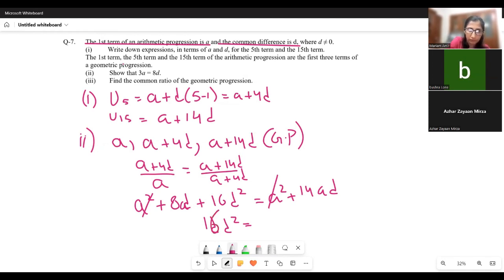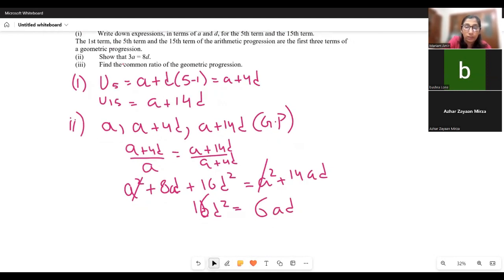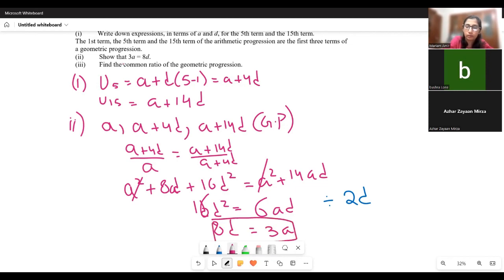Okay, 14 minus 8 is going to be 6AD. We can divide both sides by 2D. So if we do that, we get 8D here and 3A here. So we're able to show that 8D is equal to 3A.